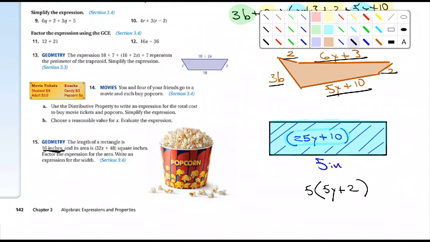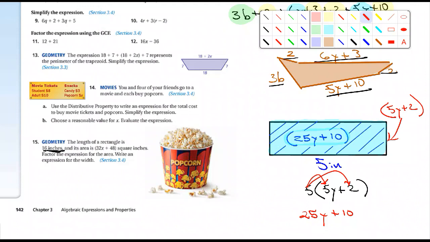Now let's make sure we got it right. Let's use the distributive property. What's 5 times 5y? 25y. What's 5 times 2? 10. Did these match? Yeah. We got it. So what that would mean is this side right here would be 5y plus 2.